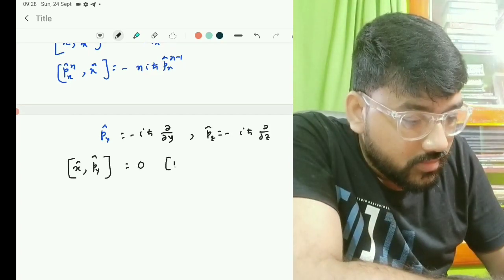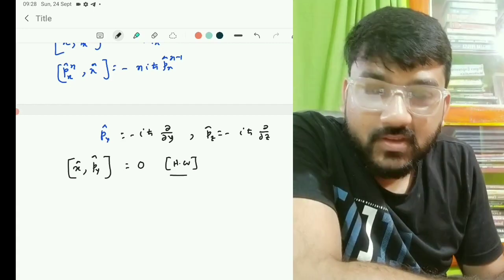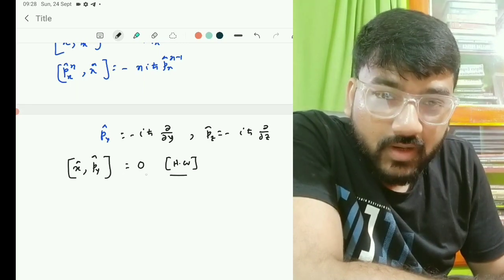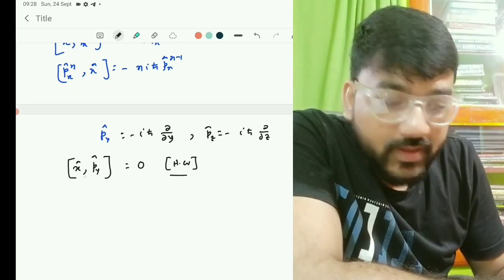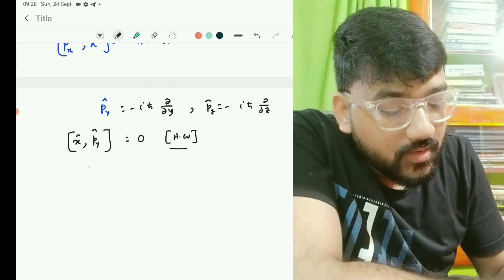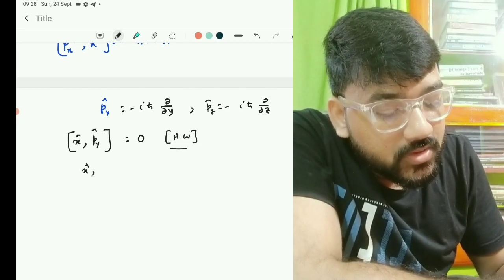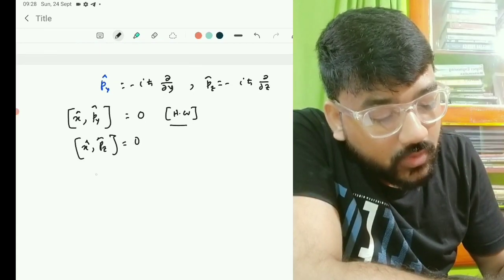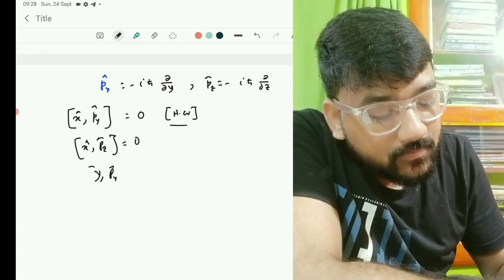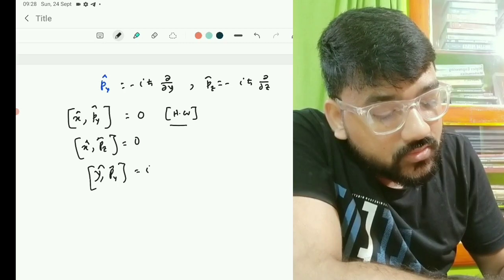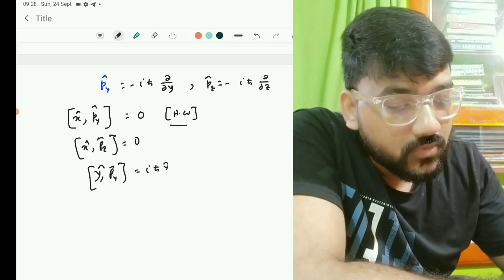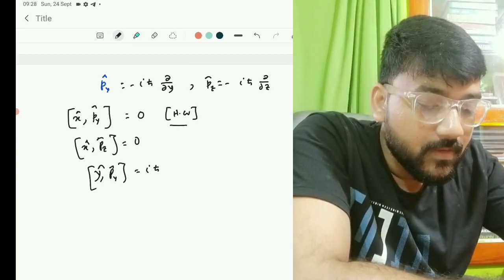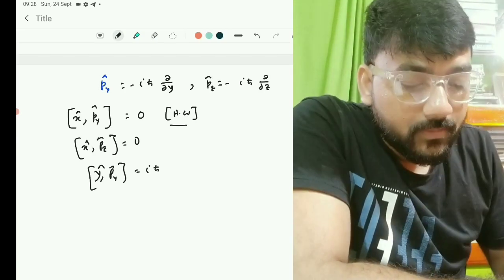This I am giving you as a homework. So you can see if we have x with px, we have iℏ cross x. But if you talk about x with py, or x with pz, then it will be 0. But if you talk about y with py, then you will get again iℏ cross y. So this is how you should remember.